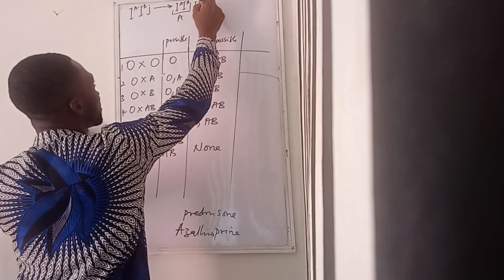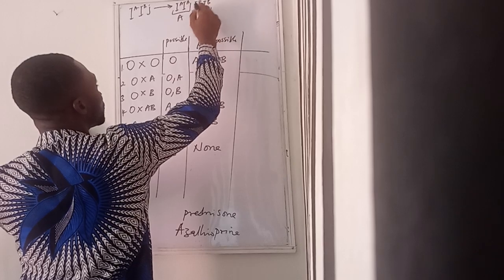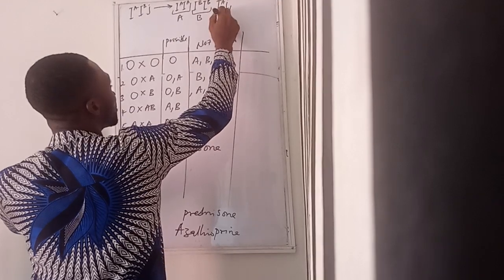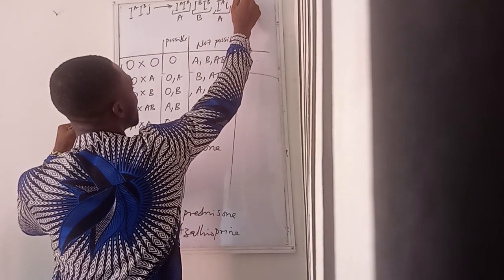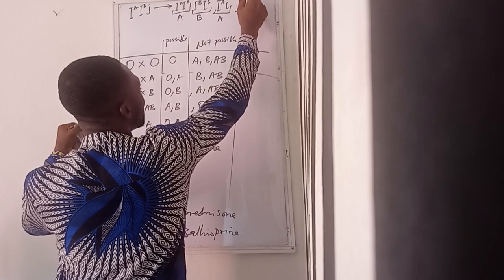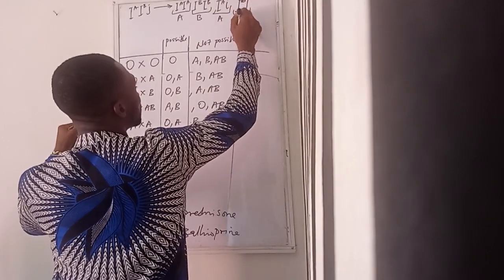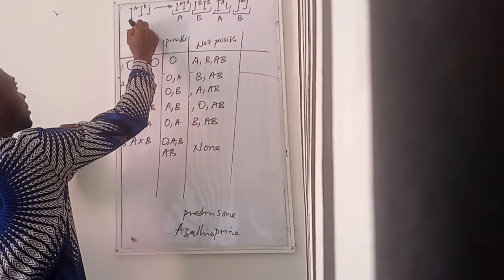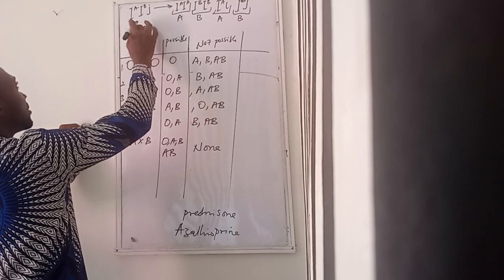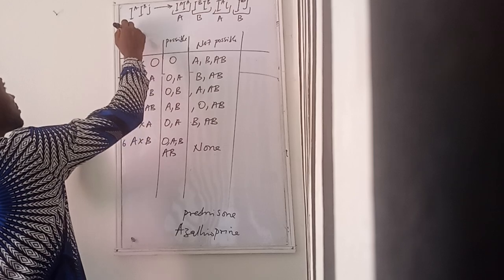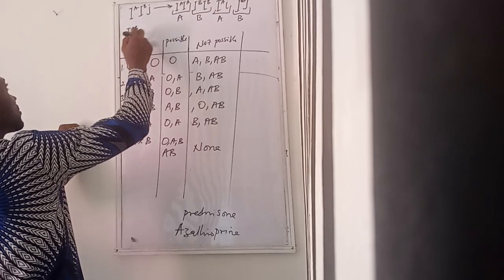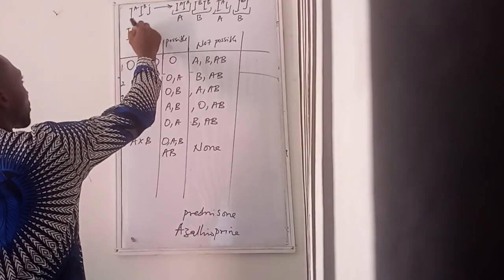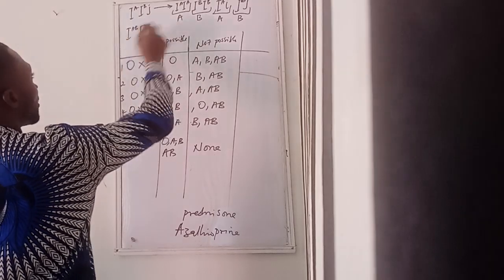This is I^B, resulting in blood type B. And this is I^A, blood type A. Then we have AB.